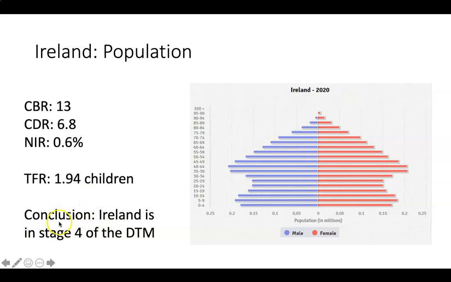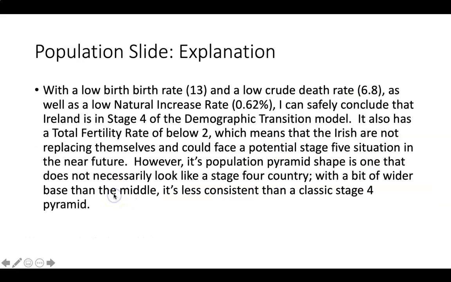I have come to the conclusion that Ireland is in stage 4 of the demographic transition model. And I have explained that in my next slide. Population slide explanation. You do need an explanation for each slide that you create. You're creating 6 slides. You will have 6 explanations as well. Minimum of 6 slides, 6 parts, right?